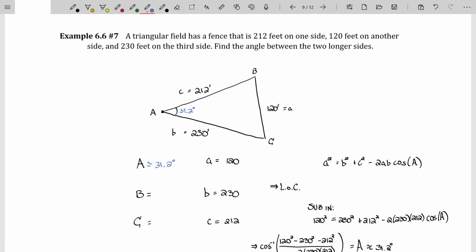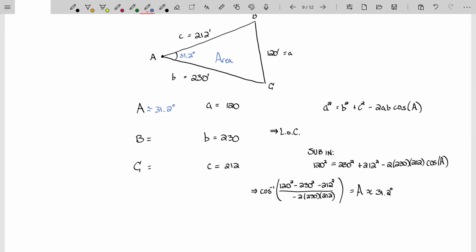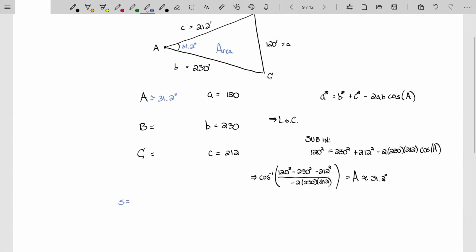Now, what if I instead were to say, what's the area of this field? If I was asking for the area of the field, you would use Heron's formula. And if you are in a class that doesn't use Heron's formula, you could just stop watching this. But with Heron's formula, you would find the semi-perimeter, which is the sum of all the sides divided by 2.